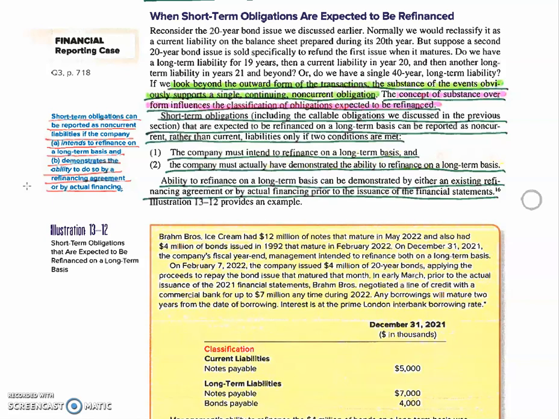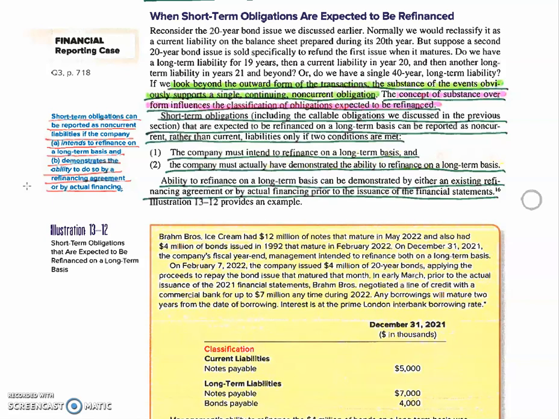That was the ability to refinance. So if you've refinanced the agreement before you issue your financial statements, under U.S. GAAP, you do not have to reclassify that as a current liability.